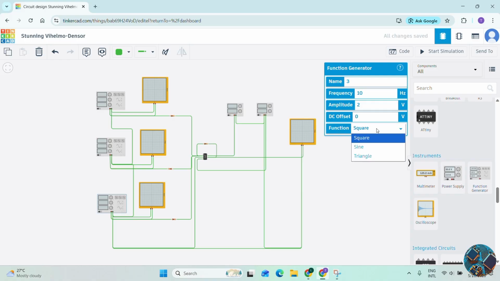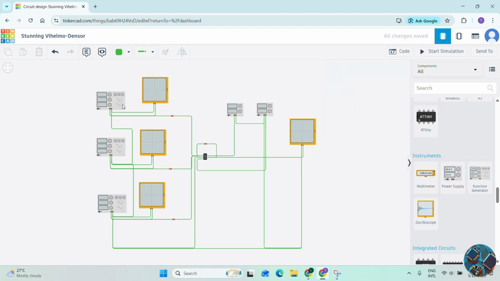Zero, sine wave. So according to our setup, this one is 2 peak to peak sine wave, and the rest of the signals also the same. So our output should be 6 peak to peak sine wave. So check with this simulation.